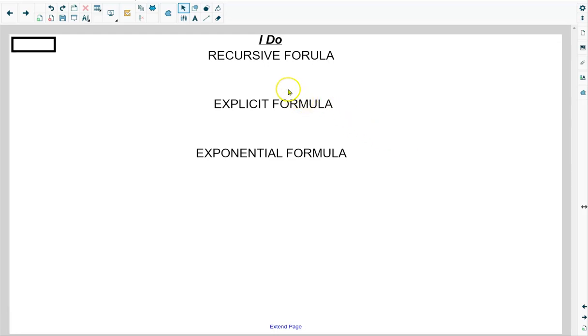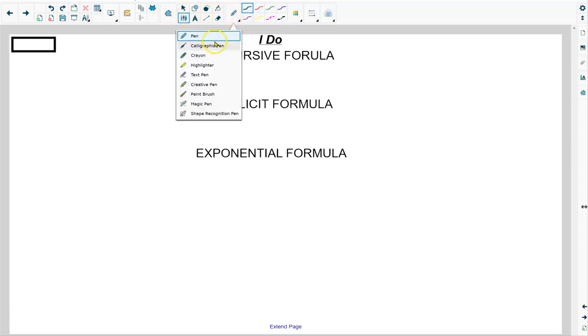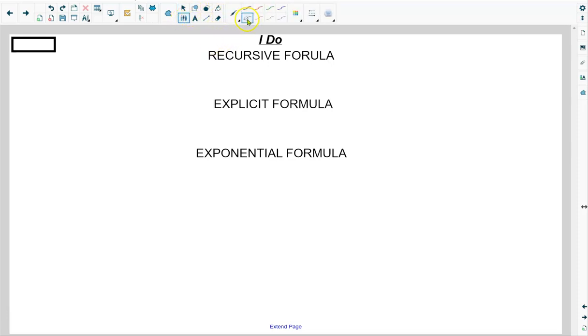I'm going to give you the skeleton for every single formula so that it doesn't change. All you're going to do is put in the specific details. You are encouraged to write the recursive formula first. Once you do a couple of these, you'll understand why. You're going to write this notation.